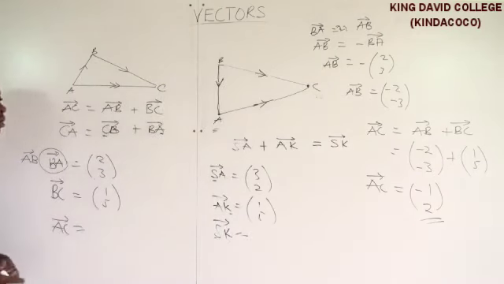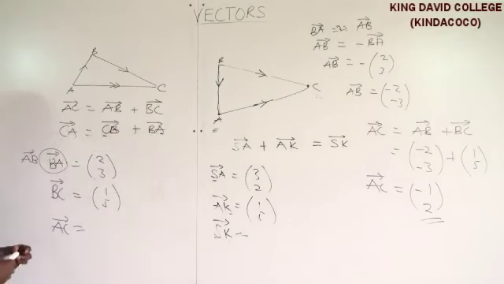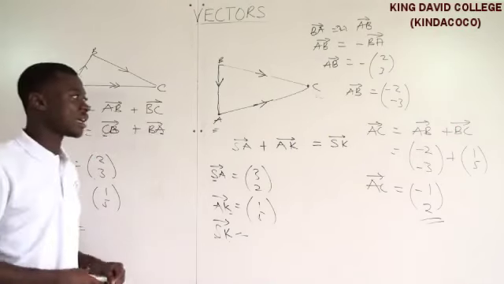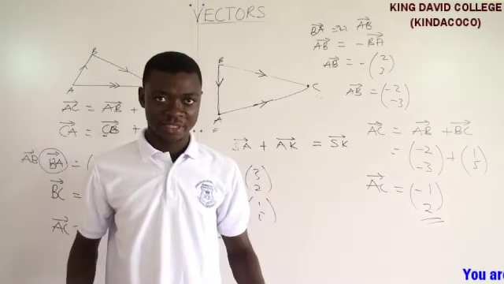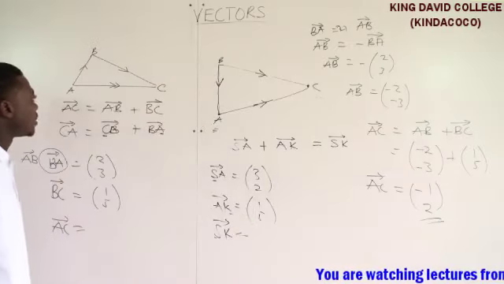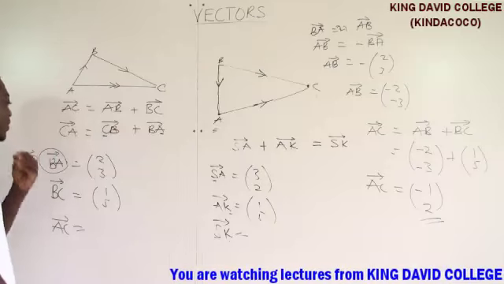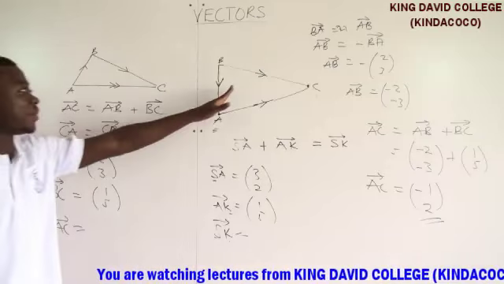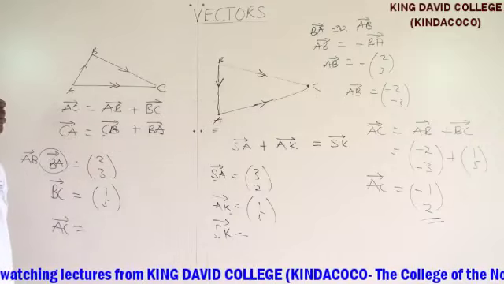So please, you need to check the orientations or the directions of the particular vectors before you apply the triangular law of vectors. You need to find the directions. It is always advisable to draw whatever is given to you. For instance, the way I drew it for you, you knew that this is the one causing the problem.